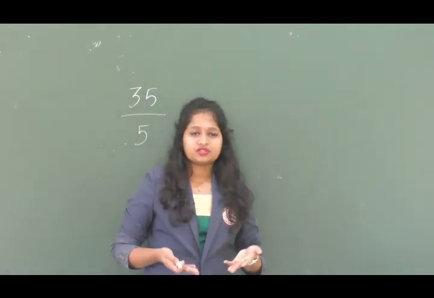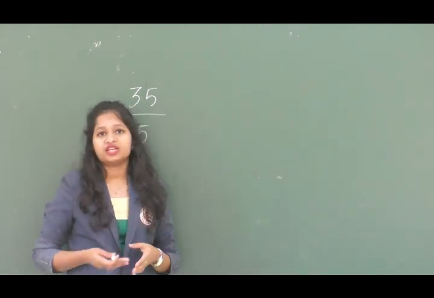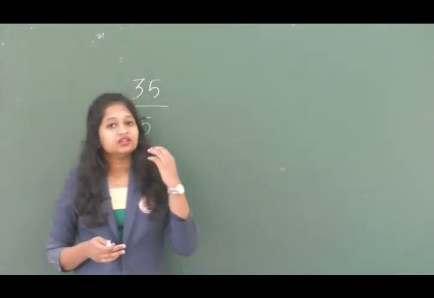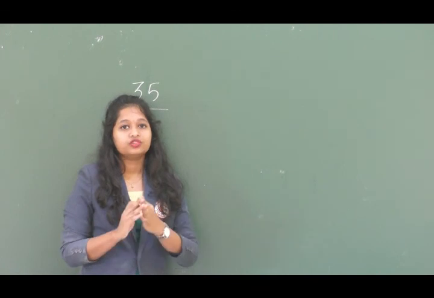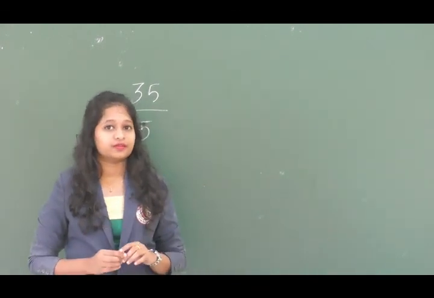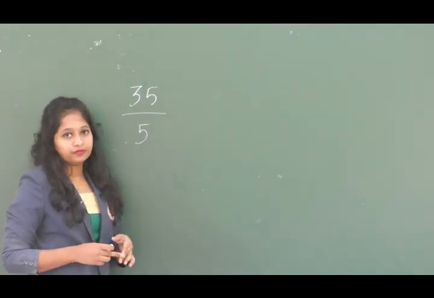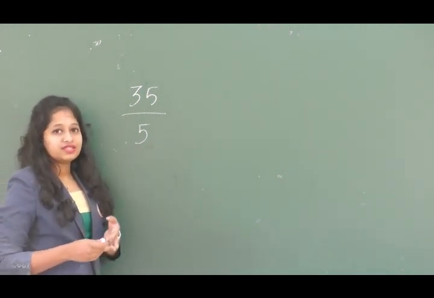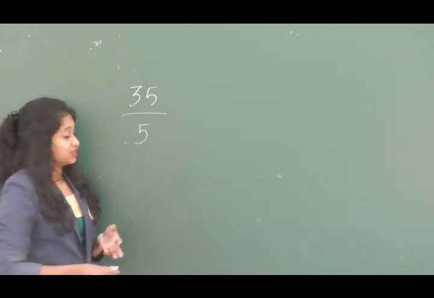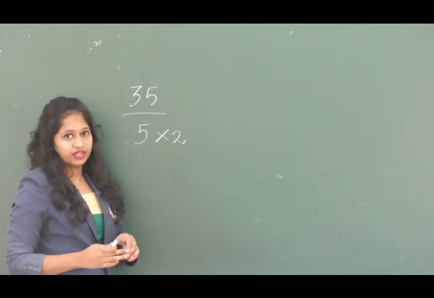So we saw an example in which the denominator was a multiple of 10. So when you get questions in which the denominators are not a multiple of 10, then what to do? We have to convert the fraction in such a way that we get the denominator as 10. So here I have 35 by 5. So how to make the denominator as 10? Yes, if you multiply by 2 here, we get denominator as 10.